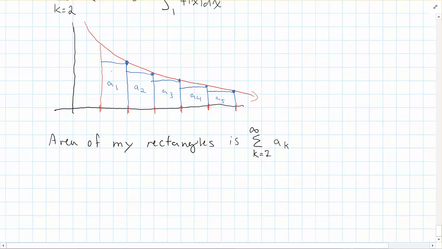Okay, so then what do we have here? Well, we know, just based off the picture, that the rectangles underestimate the area under the curve.